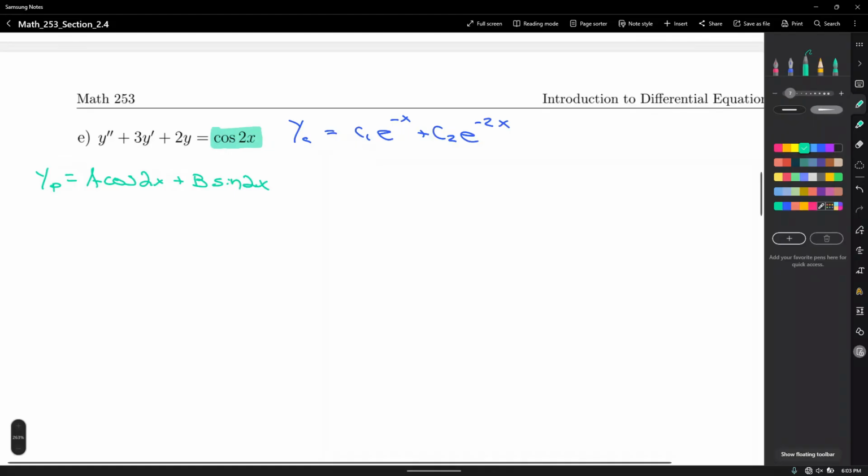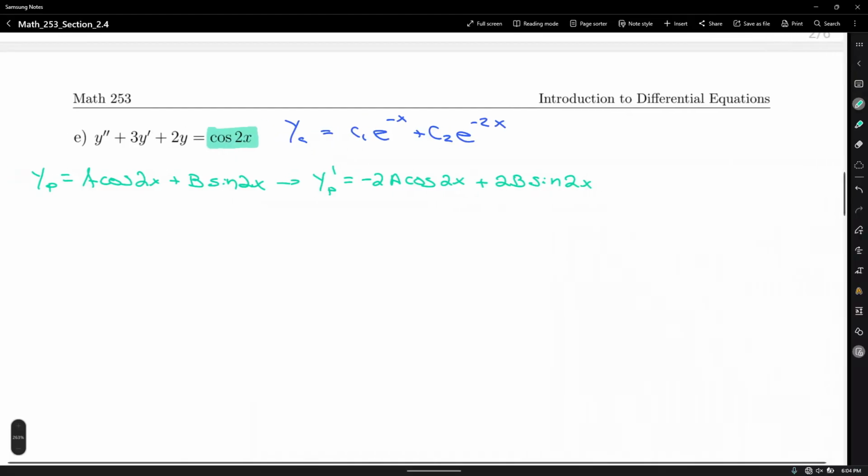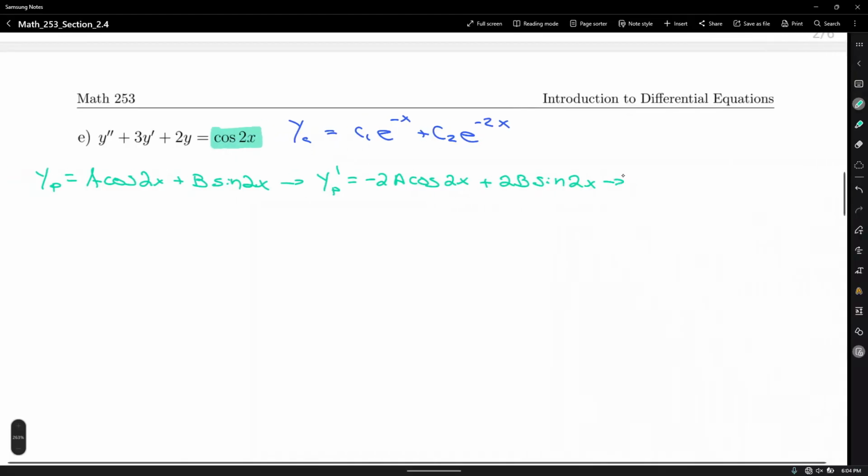Well, let's find the two derivatives of this function. So this will be the first derivative, y sub p prime. That'll be negative 2a sine 2x plus 2b cosine 2x. And y sub p double prime, let me make some room in here.